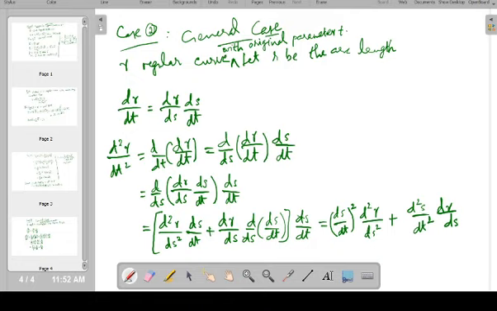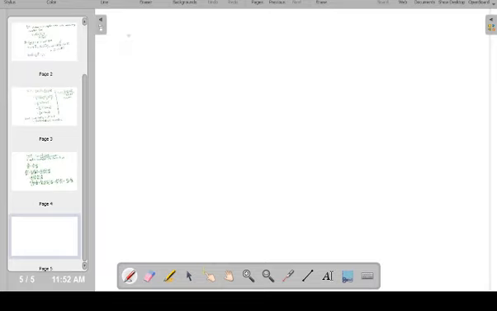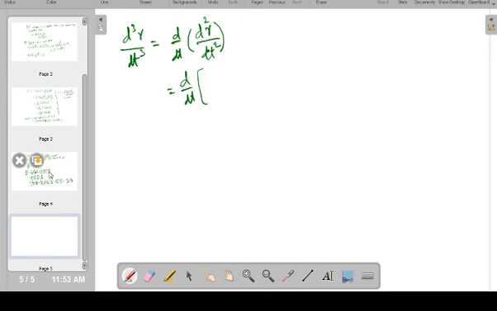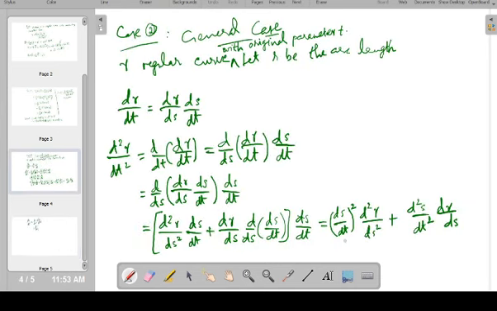So d cube gamma by dt cube is d by dt of d square gamma by dt square, which from the previous slide is d by dt of ds by dt the whole square into d square gamma by ds square plus d square s by dt square into d gamma by ds.